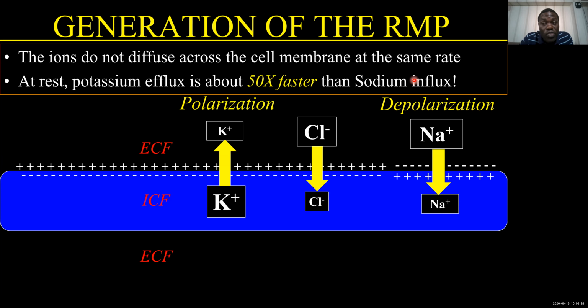Actually, about 50 times faster. That means that for every sodium that enters the cell, 50 potassium will have moved out of the cell. For every single sodium influx, there is 50 potassium efflux.